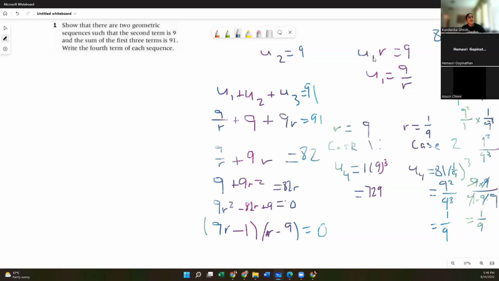Okay, so you see here how we have u sub 1 times r equals 9, because the first term times the common ratio is going to equal your second term, correct? So I just plugged in what we already had for r. We got r for the first case, so I just plugged in 9. So u sub 1 times 9 equals 9, and then 9 over 9 is just 1.